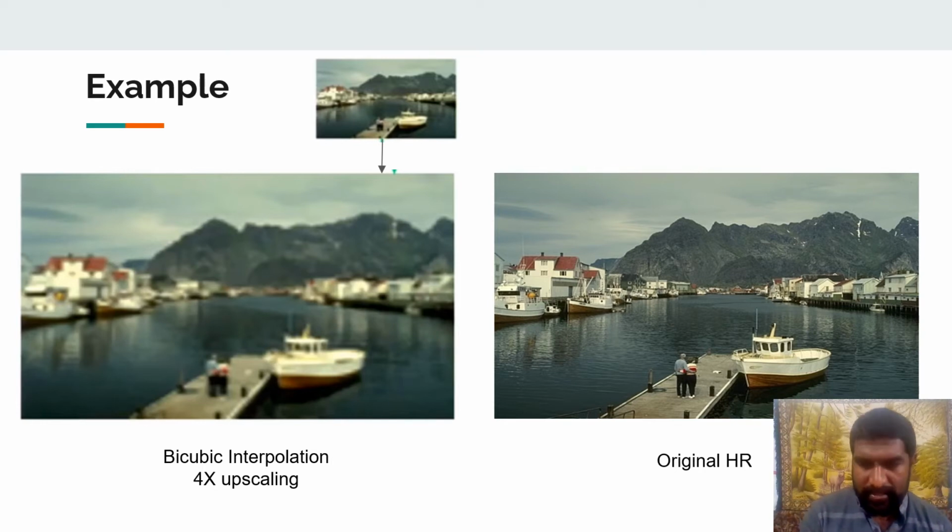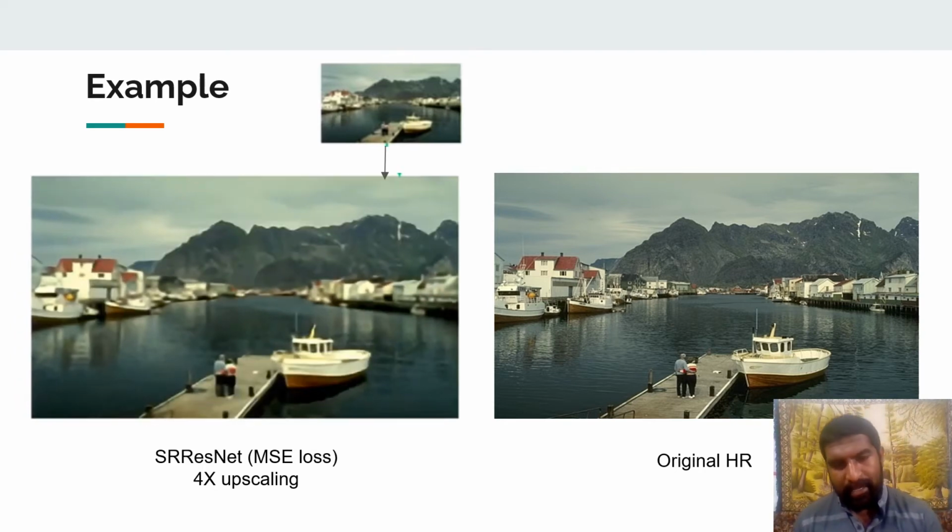Now let's try something else as well. Here what you can see on the left is the SRResNet result, and here we can see the quality has been improved by a substantial amount, but still the image looks a bit artificial and the perceptual quality is not that good.